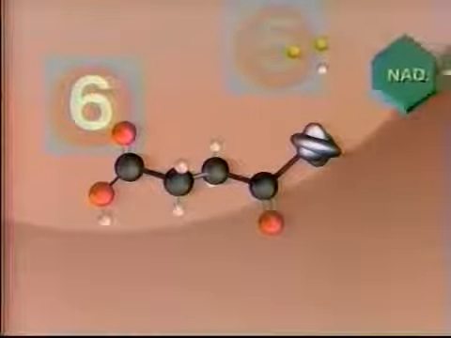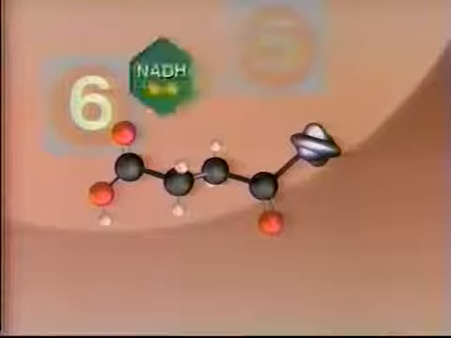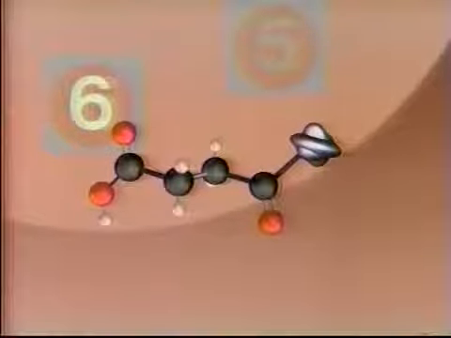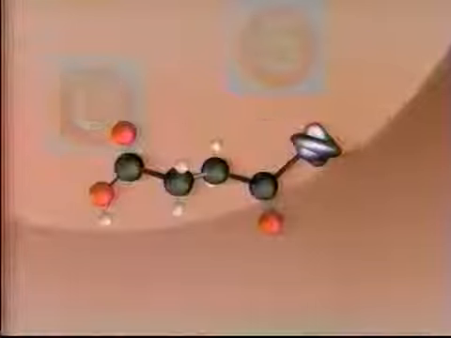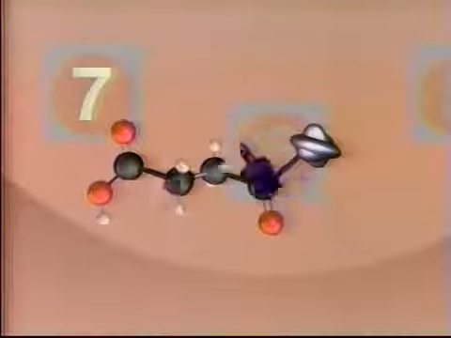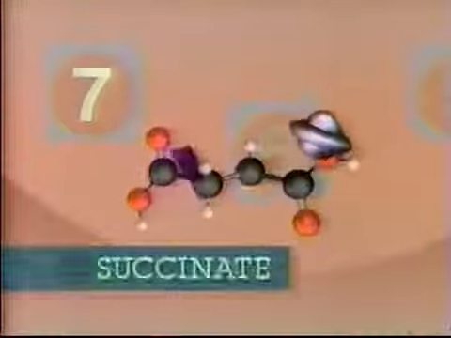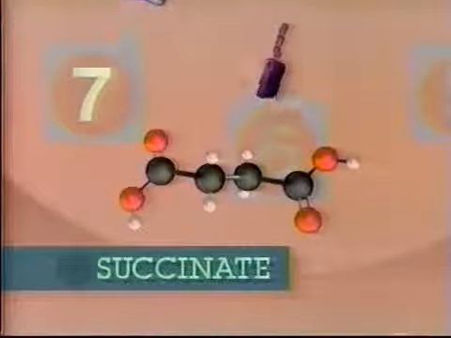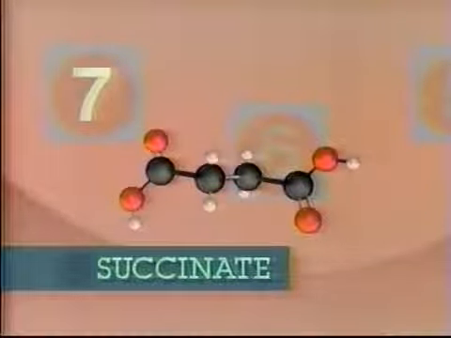Once again, 2 electrons and hydrogen form an NADH energy carrier. Standing by, the succinyl-CoA reacts with an ADP and a phosphate, releasing coenzyme A, ATP, and forming succinate.